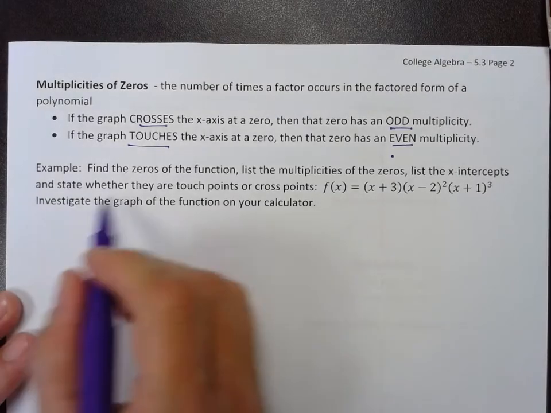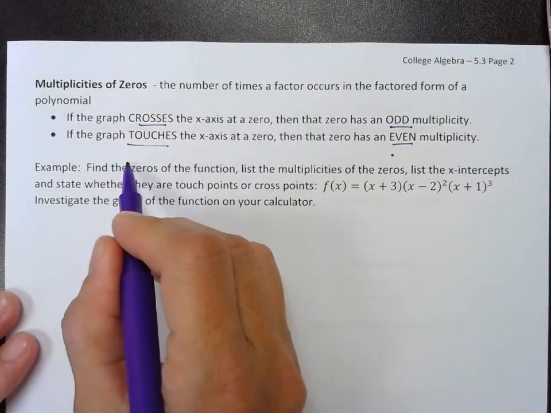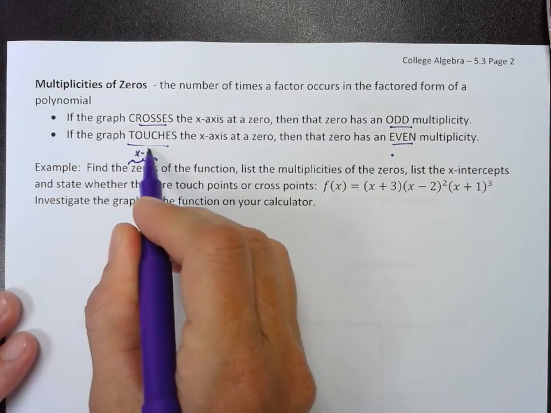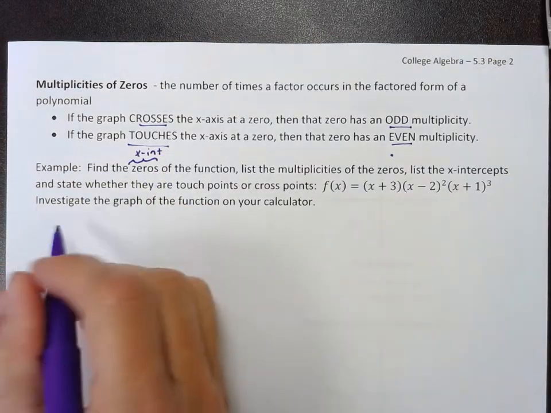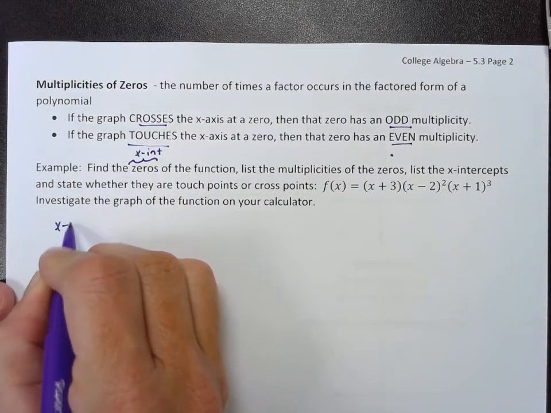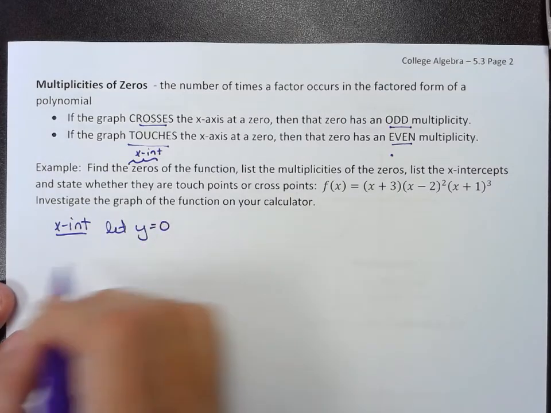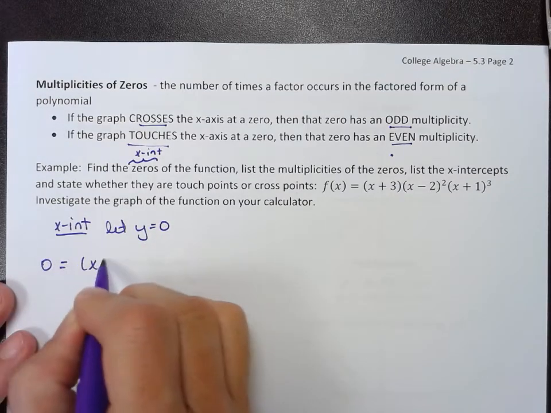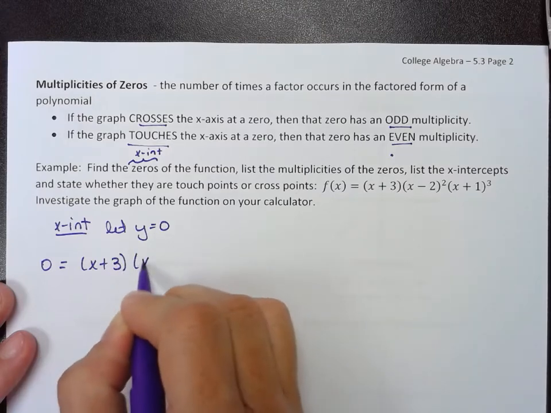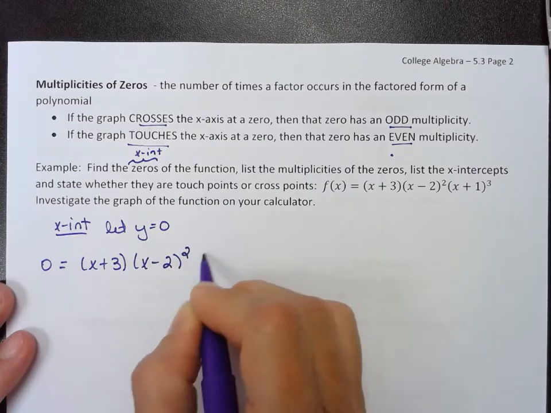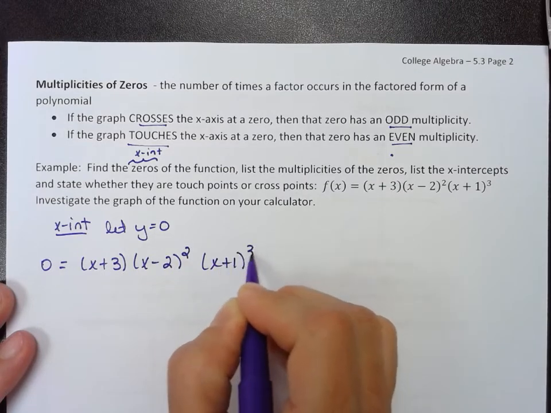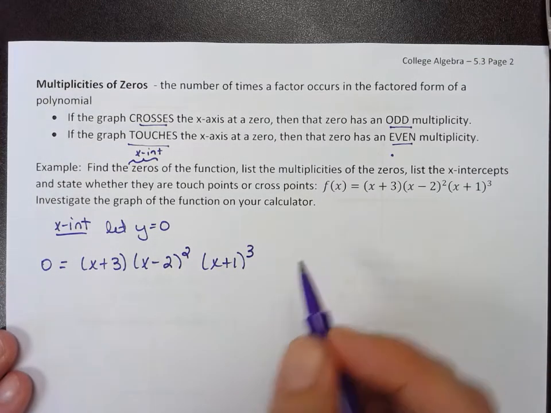So remember, when we're looking for zeros, this is the same thing as finding your x-intercepts. Okay, so to find an x-intercept, you let y equal 0. So we have 0 equals all this stuff. Set each factor equal to 0.